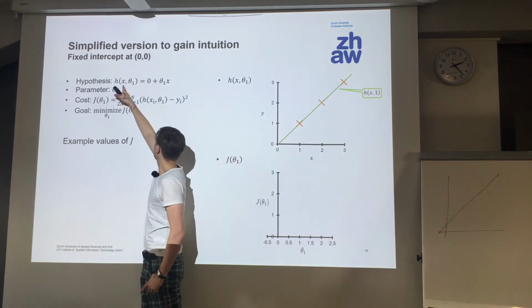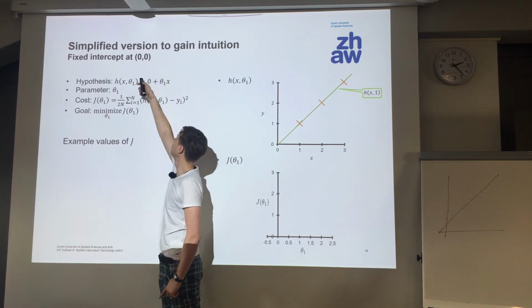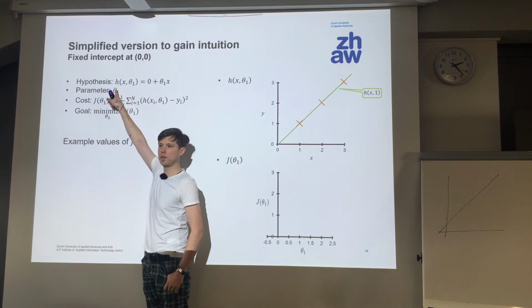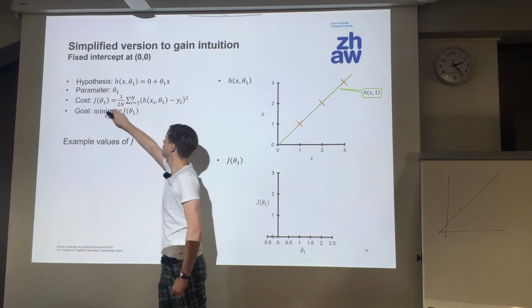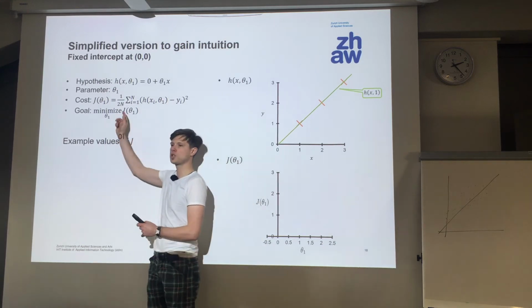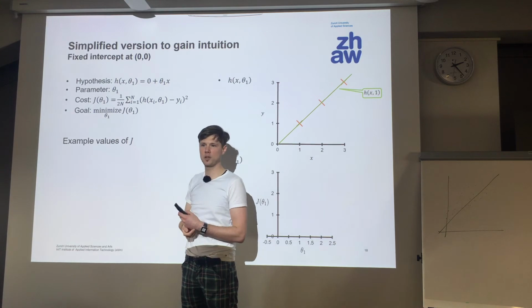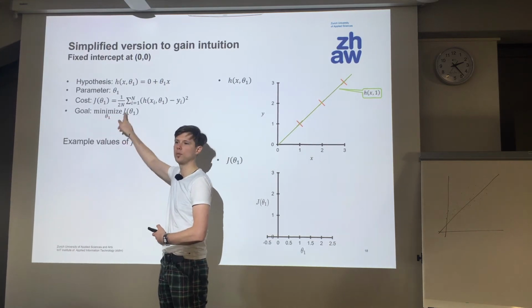This makes our hypothesis function 0 plus theta 1 x. 0 because we fixed it. So we just have one parameter, theta 1. Our cost function becomes this function here. Basically, the only thing that changed from the last slide is we only have one parameter here. So it's a one-dimensional function that makes it easy to plot. And our goal is to minimize the function with respect to the parameter.